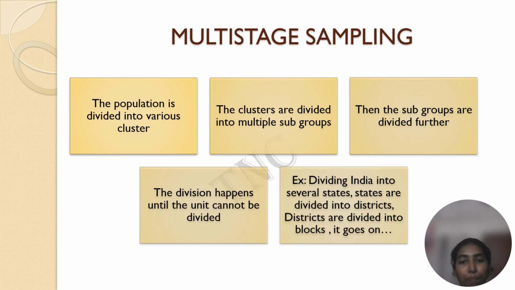For example, if the population we consider is India, India is divided into different states in the first stage, then states are divided into different districts in the second stage, and districts are divided into different blocks, and it goes on and on until it cannot be divided further.